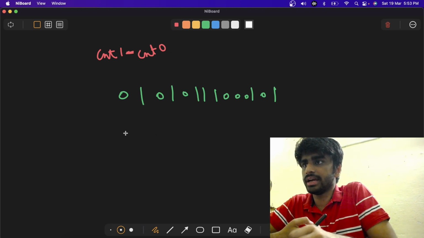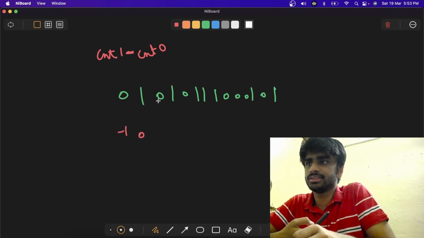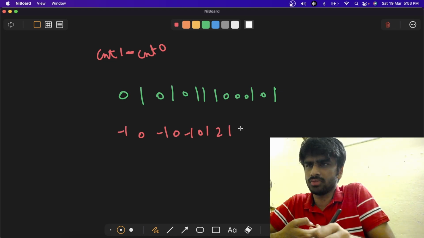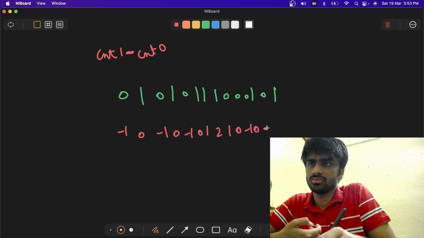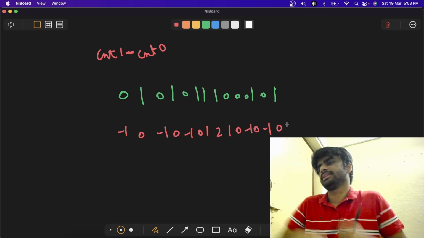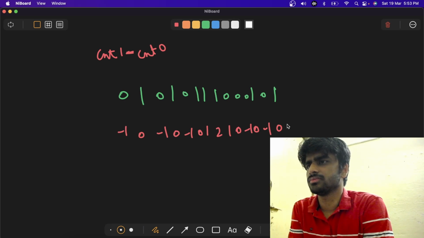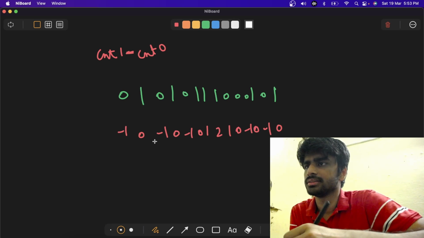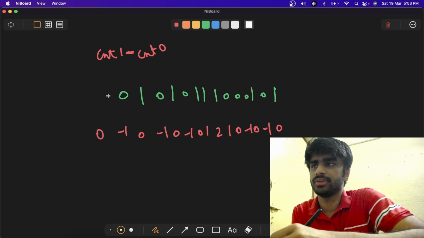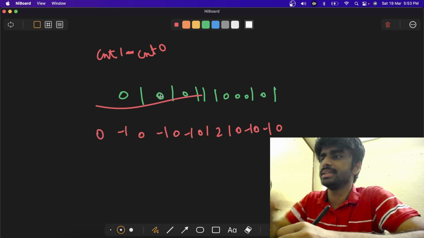So here we get -1, and then here we get 0, then again -1, 0, -1, 0, 1, 2, 1, 0, -1, 0, -1, 0, something like this. And here we have a 0 because the prefix sum starts with an extra element.